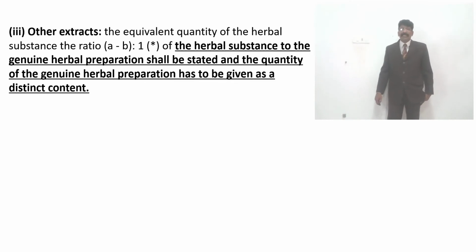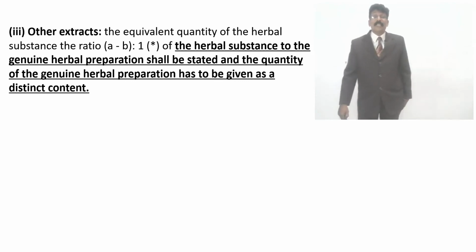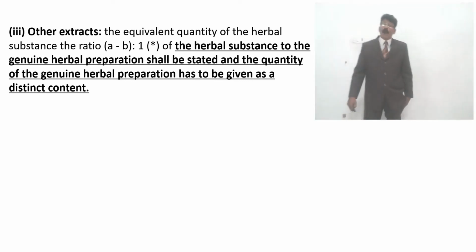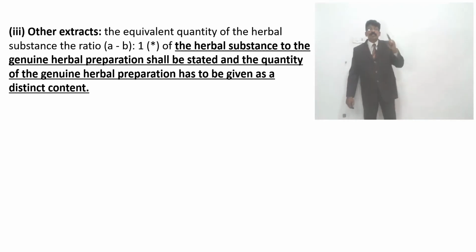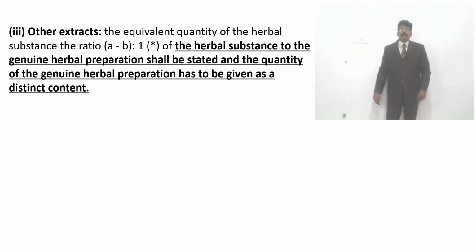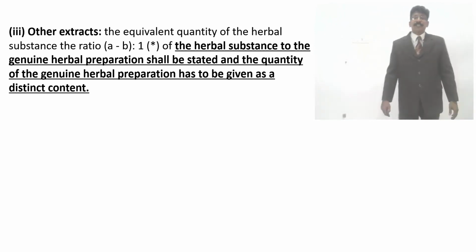For another, crude extract, the equivalent quantity of the herbal substance in the ratio A to B is to 1 to the genuine herbal preparation shall be stated, and the quantity of the genuine herbal preparation has to be given as a distinct content.